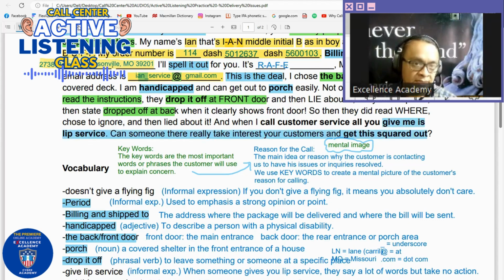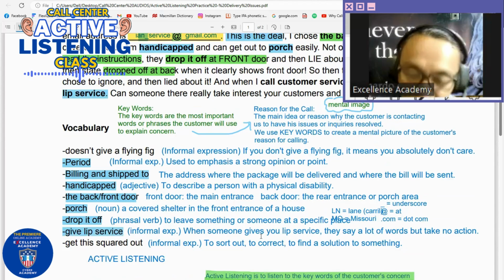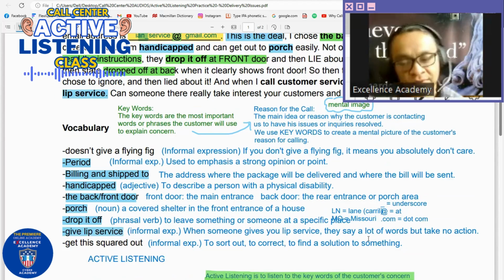Lip service is an informal expression. To give somebody lip service, here it is, lip service. When someone gives you lip service, they say a lot of words but take no action. In this case, to helping the customer.